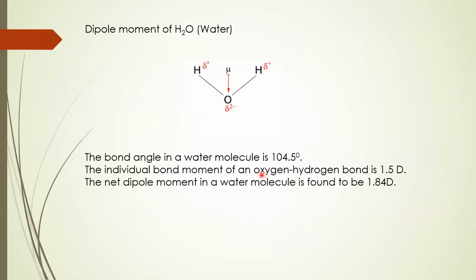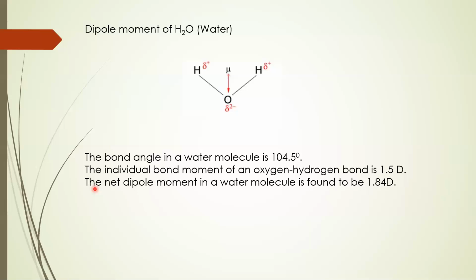Next, the dipole moment of the water molecule. Here it's not like that. Oxygen has a non-bonded electron pair, whereas in BeF2, beryllium did not have any lone pair of electrons. But here oxygen has lone pairs of electrons, hence the molecule does not have a linear shape, it has a bent shape.